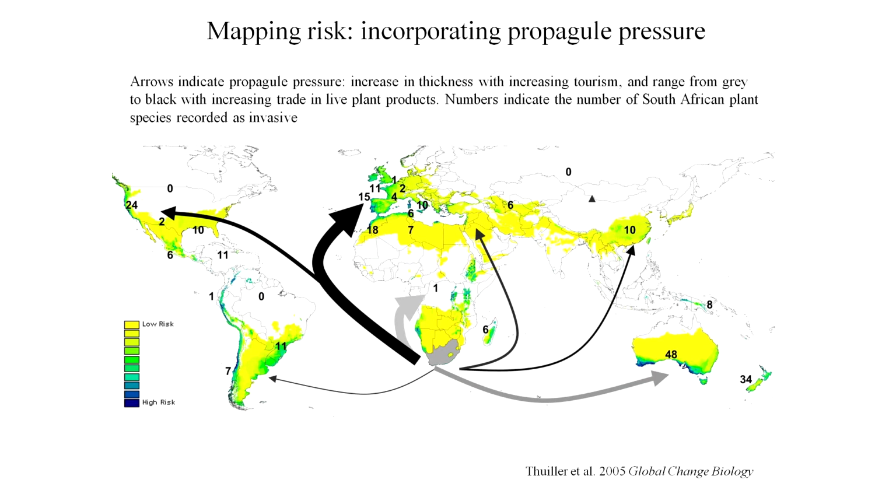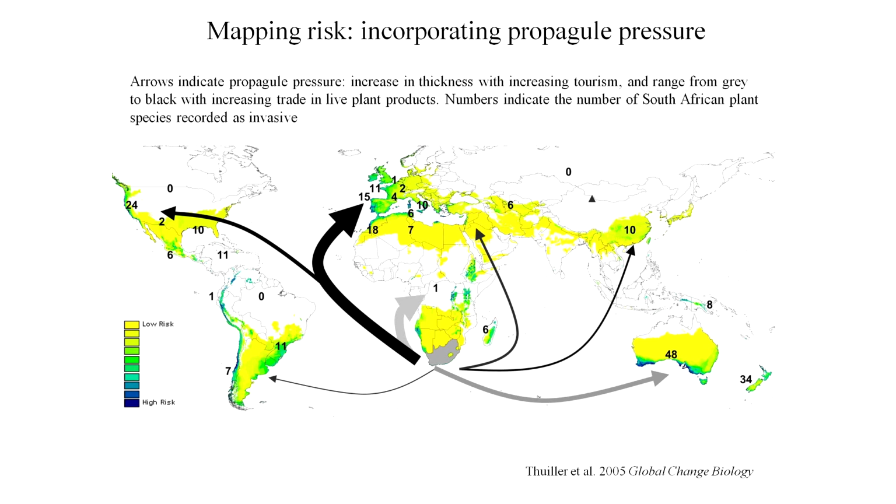So what they did was get hold of some cool data, I think, about where plants are being moved. So these arrows here are indicating propagule pressure, where the increase in the thickness in lines is indicating an increase in tourism. And the range from kind of dark black to lighter greys is the amount of trade in live plant products.